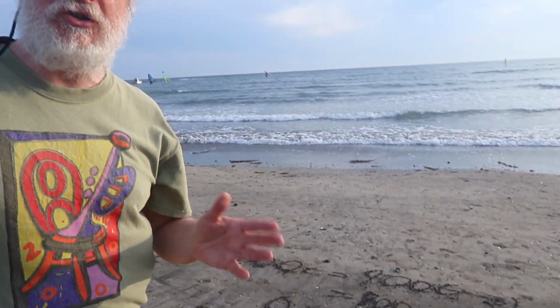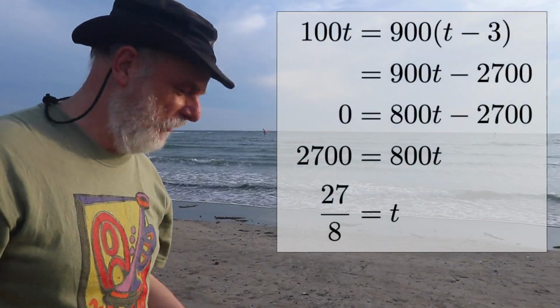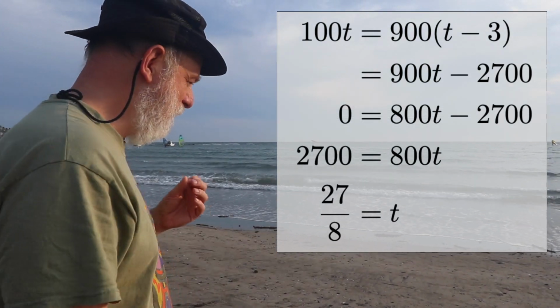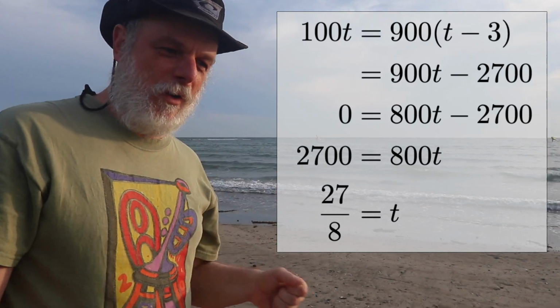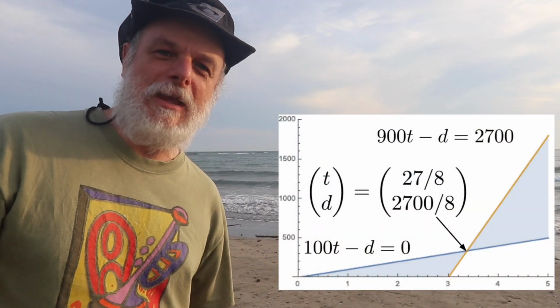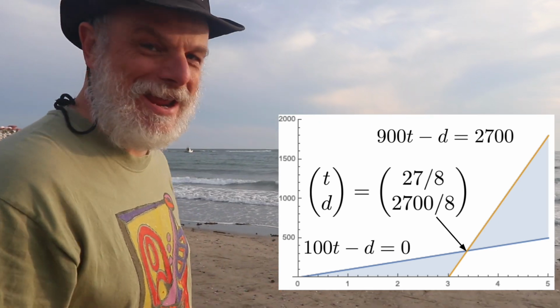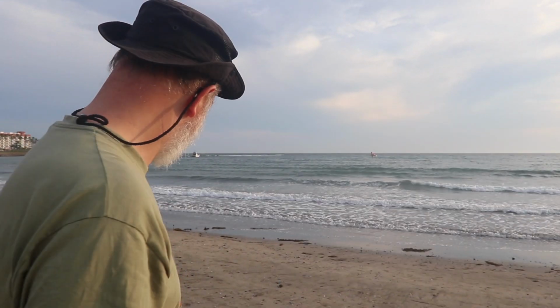So that's the solution to our two equations here. t equals 27 over 8 is the time at which, going by car or by airplane, you cover exactly the same distance: after 27 over 8, or a little over 3 hours. All right? That's nice.